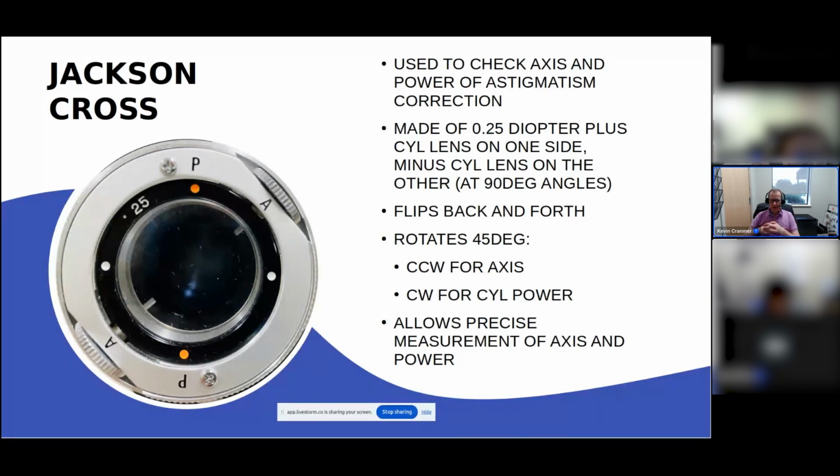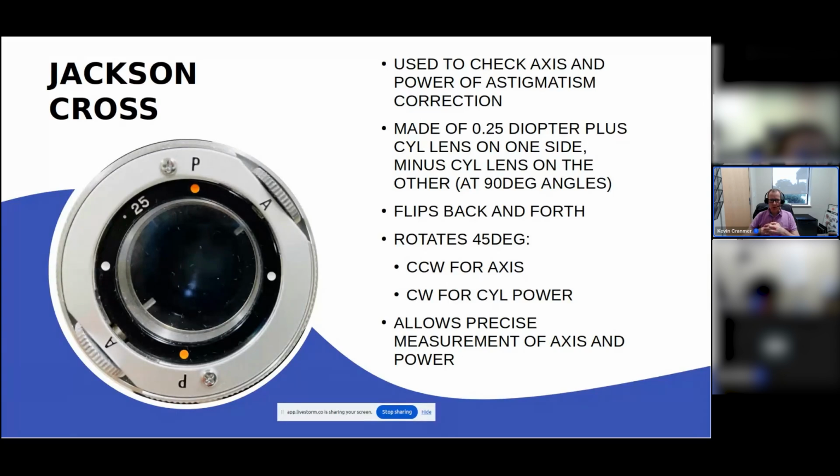When you rotate the lens clockwise, the line between the 2 P's will line up with the axis that's on the knob on the degree gauge on the phoropter.